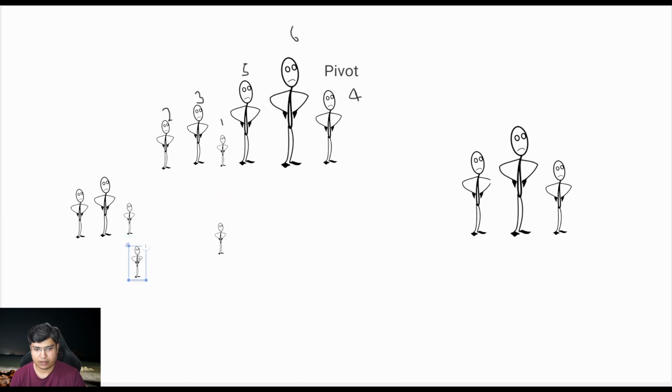Now we take our coordinators to their respective positions and we start again. Okay, this person is of greater height. Yes, I move ahead, and this is a terminal condition. Then I just stop over here and I see that, okay, yes, this person is of greater height than the pivot element, and then I just swap them.